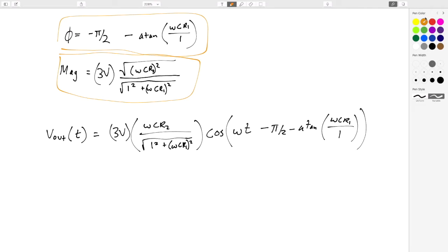Now you'll notice this function is only a function of the omega t's, the non-DC values.